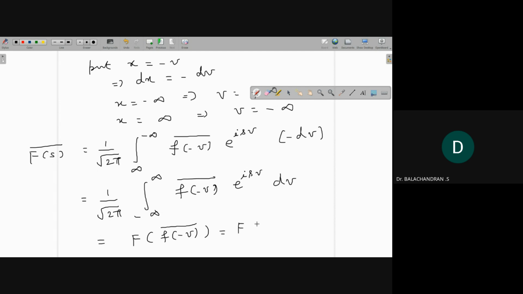The Fourier transform of f of minus x whole bar. Don't think I am replacing v by x in the substitution; I'm just changing the dummy variable. You can use either x or w, whatever you wish.